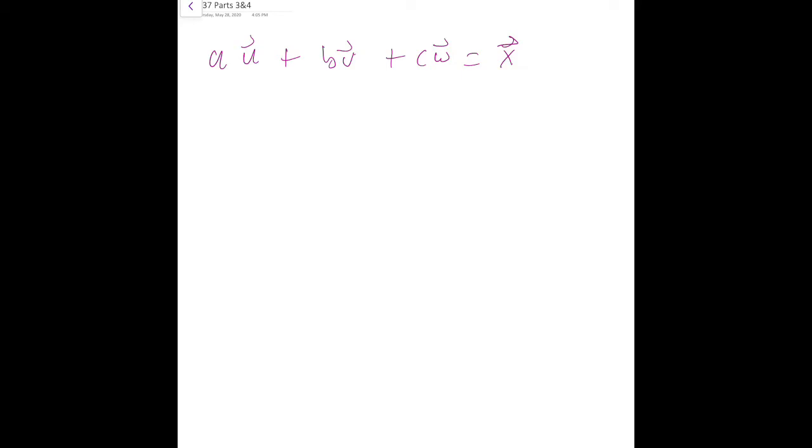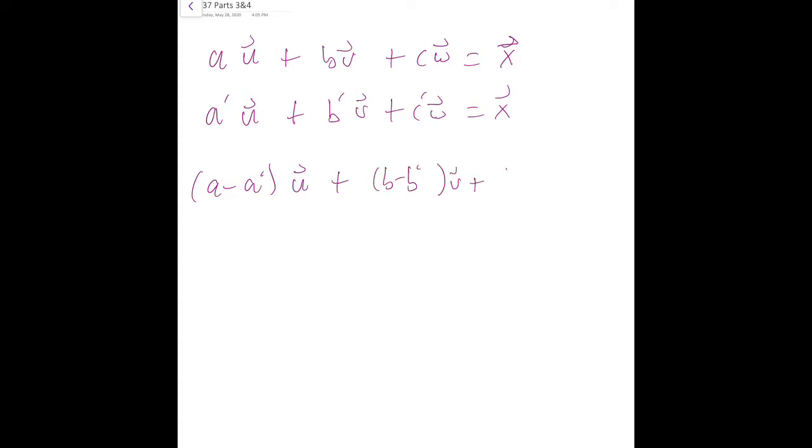Okay, so let's assume it's not unique. So in other words, we can find other scalars, A prime, B prime, and C prime, not equal to A, B, and C, such that this is true. Okay, well, notice we can subtract the equations, and again, we get A minus A prime U plus B minus B prime V plus C minus C prime W is equal to the 0 vector.